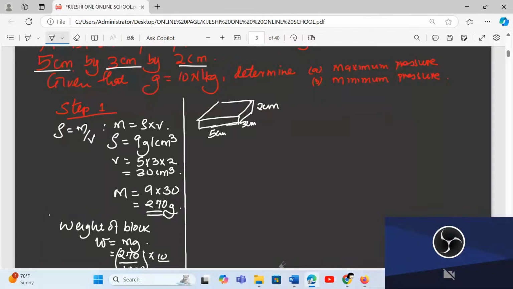Let's start with maximum area. A max will be given by 5 times 3, which is 15 square centimeters. And this one is equivalent to, you divide by 10,000. 15 divided by 10,000, you convert into meter squared, which will be the same as 0.0015 square meters.